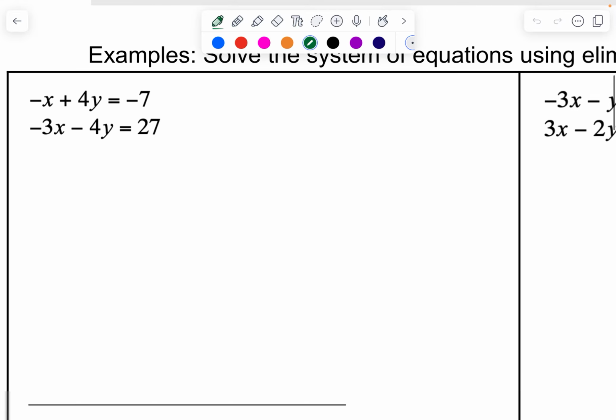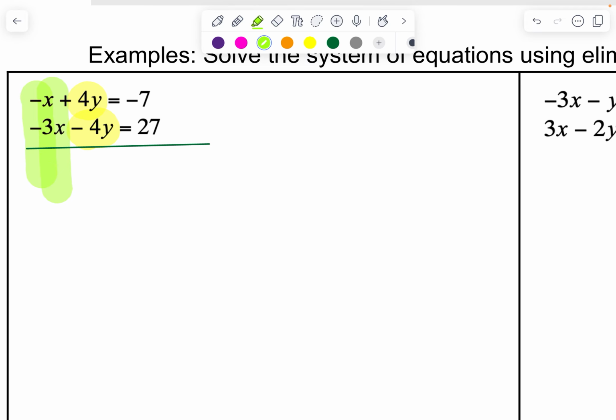So let's look here. If I look, I see that we have positive 4y and negative 4y. So we already have opposite numbers in front of my y's, which means my y's are going to be eliminated. So really just think about this as combining like terms.